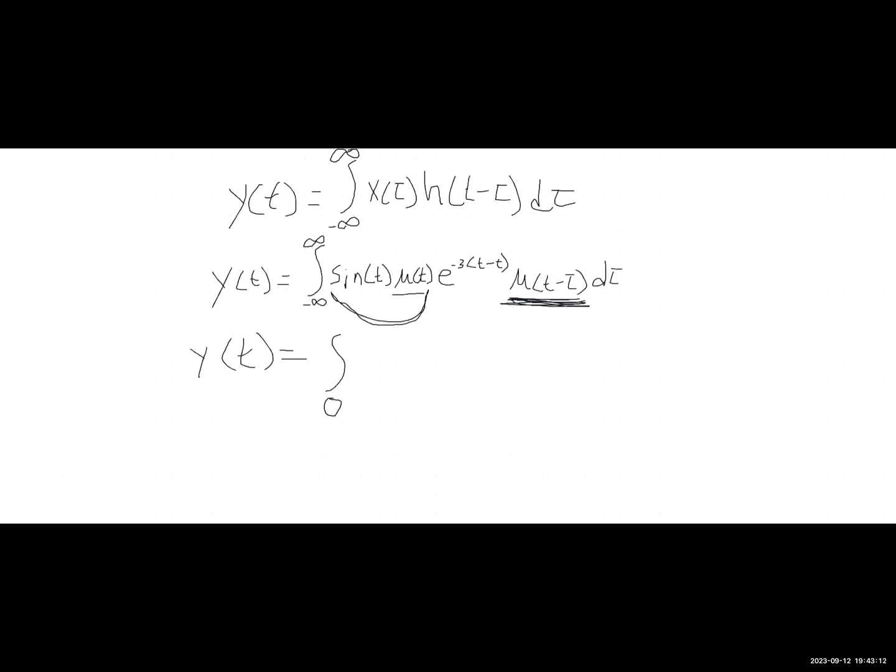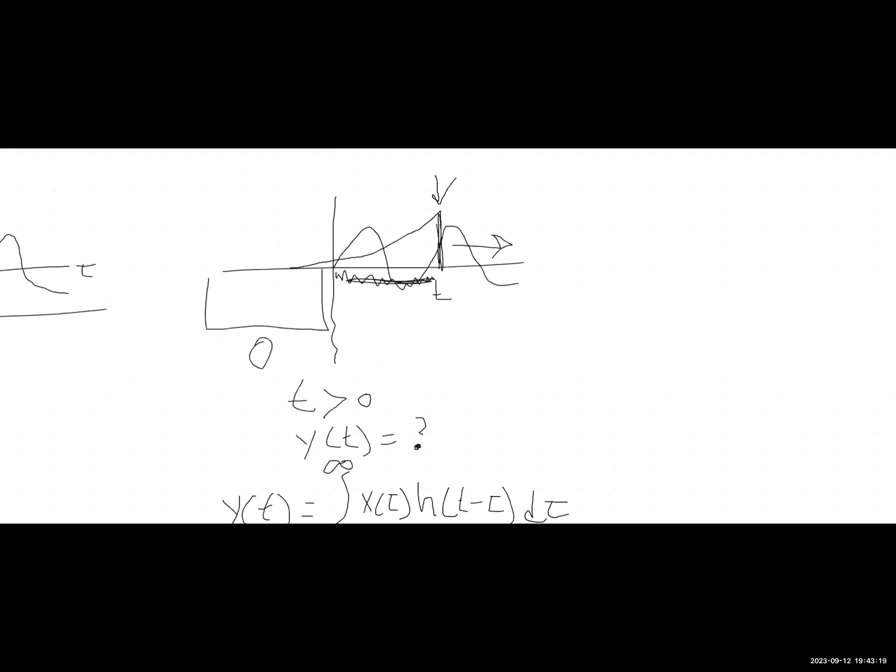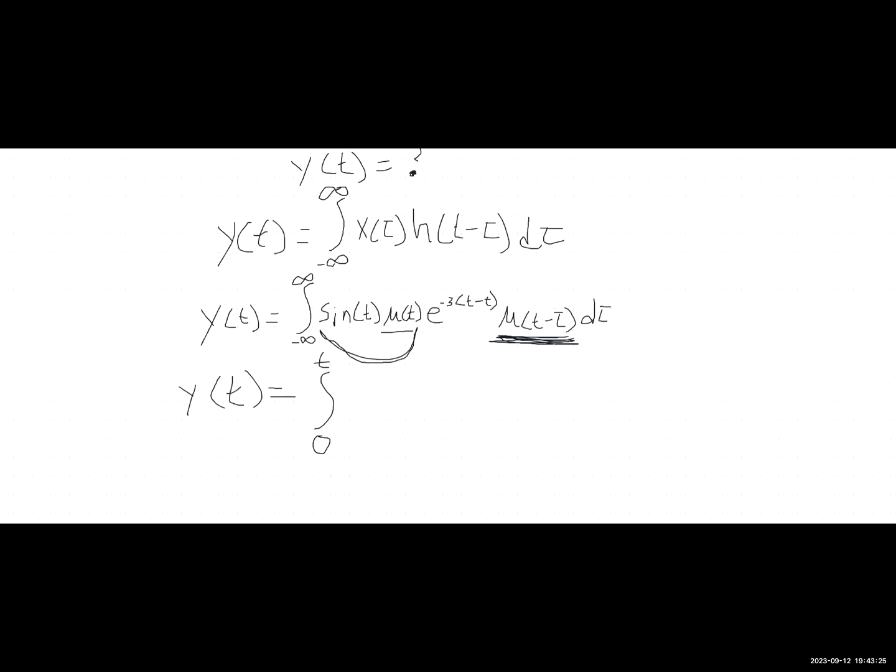So we can replace the top bound with t. So now we are only integrating from 0 to t. And we can remove those step functions from the equation as we factored them into our bounds. Oh, I apologize. I think I wrote t minus t up there. This should be a t minus tau.